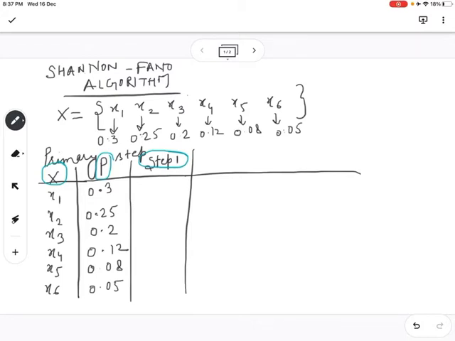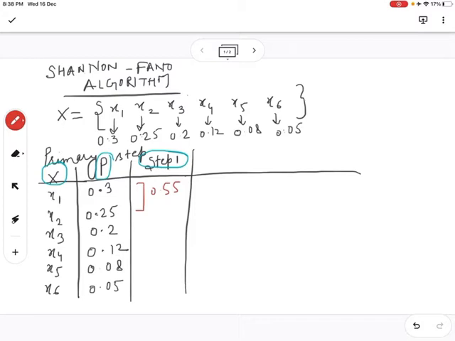That rule states that if we divide all these probabilities into 2 segments, then those 2 parts should have some sort of equilibrium. There should not be much difference between these 2 parts. Suppose if I add 0.3 and 0.25, it becomes 0.55.